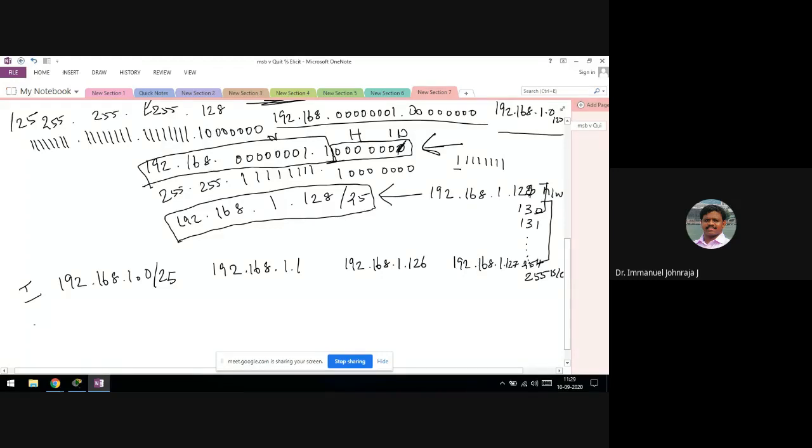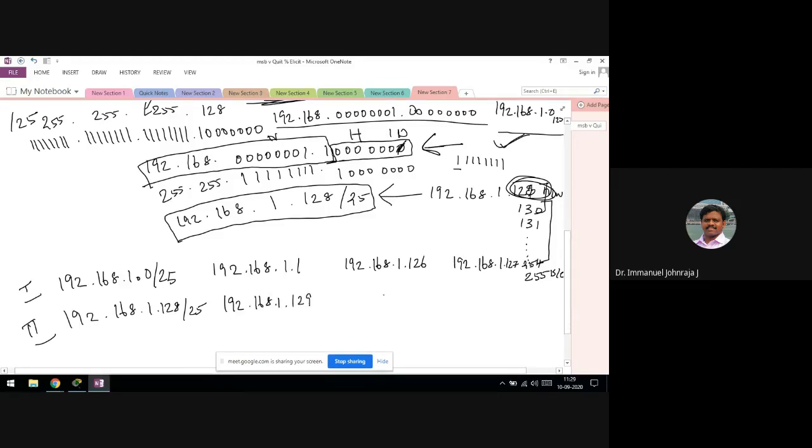Let me go to the second network. 192.168.1.128 is the network address. That is the second network. We have just learned it here. And what is the first usable host address? I write this: 192.168.1.129.